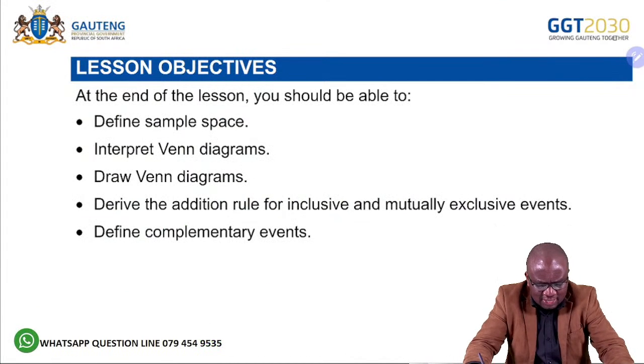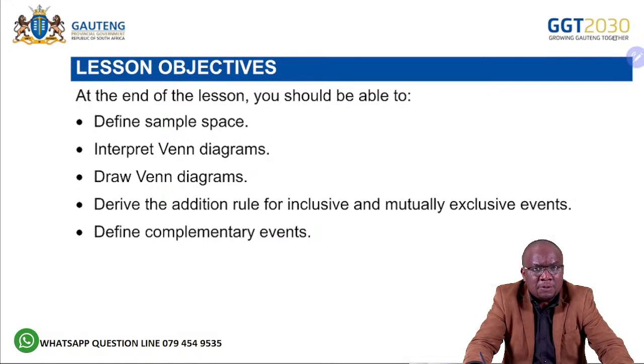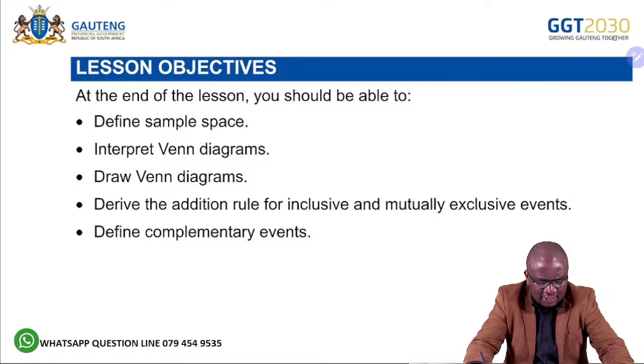And then at the end of the lesson, you should be able to define sample space. We're going to interpret Venn diagrams and draw Venn diagrams, especially starting by drawing and then interpreting.